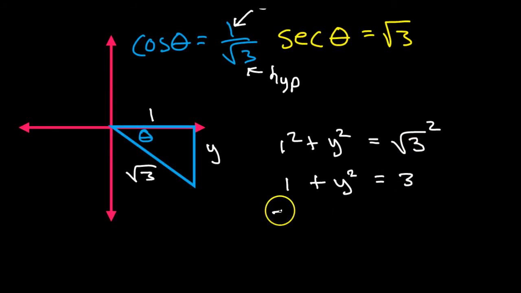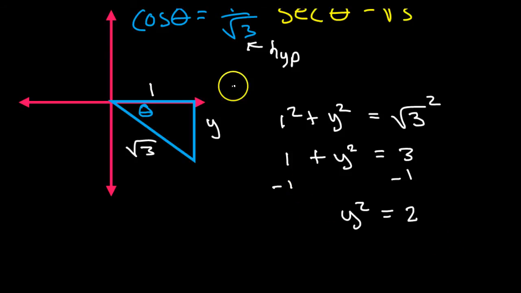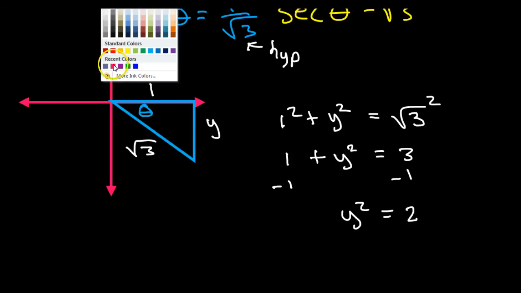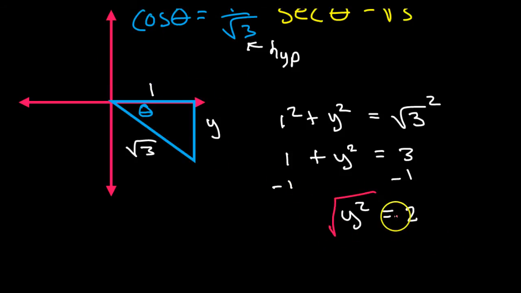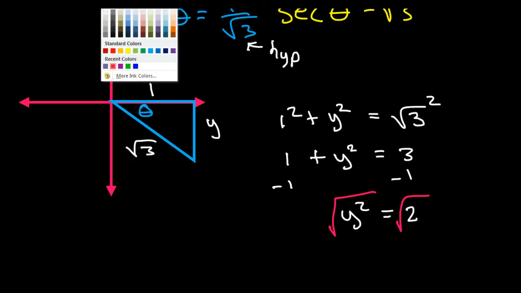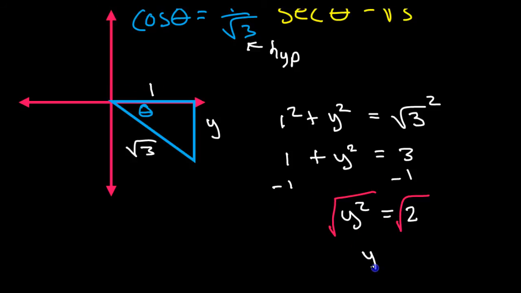So now I will subtract 1 from both sides, and that will give me y squared is equal to 2. And if I take the square root of both sides, then that's going to give me y equals the square root of 2.